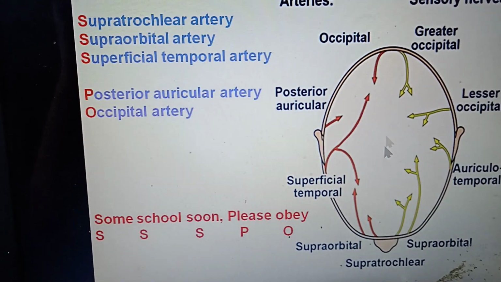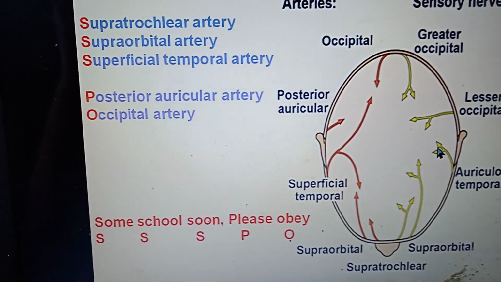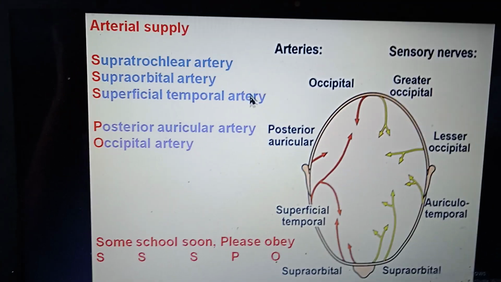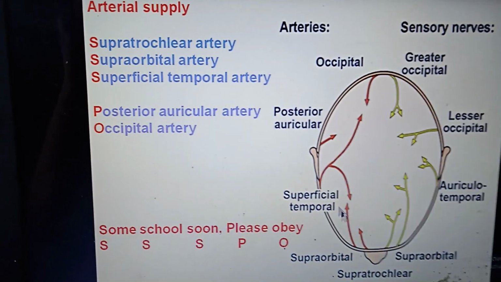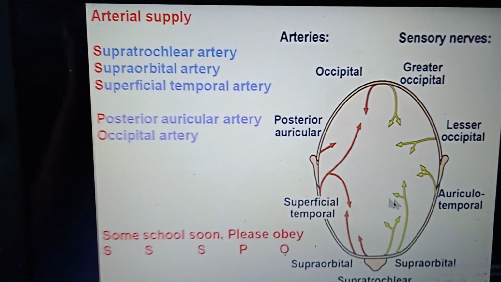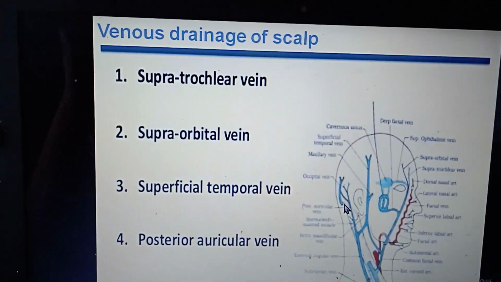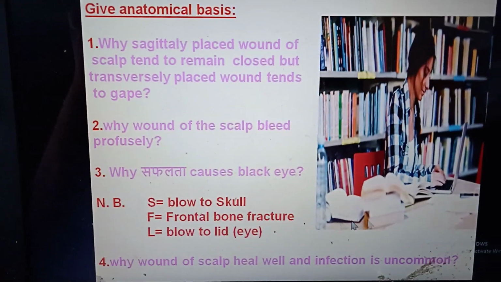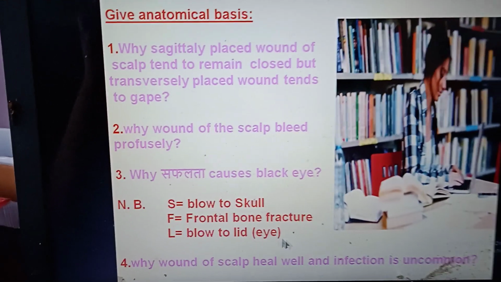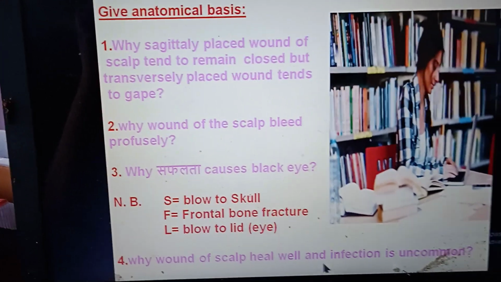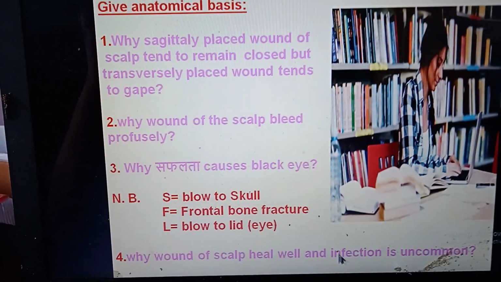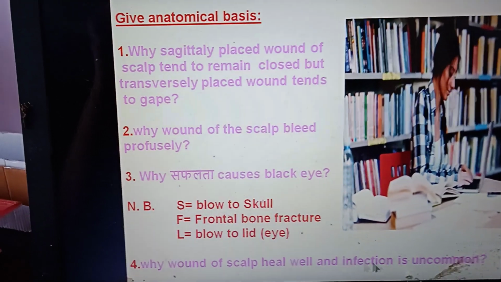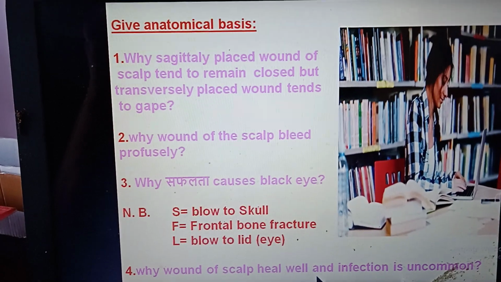So it is a beautiful site of anastomosis of external and internal carotid artery, and it is highly vascular. The reason why wound of scalp heals well and infection is uncommon is because the flow of blood is fast. In fact infection will not occur due to the very rich arterial supply.